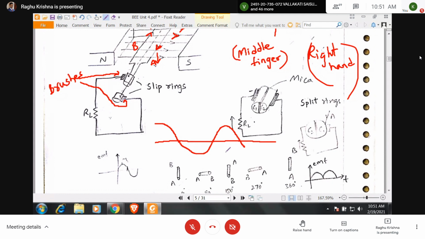So like this, you are going to get sinusoidal voltage. So we want this type of voltage.